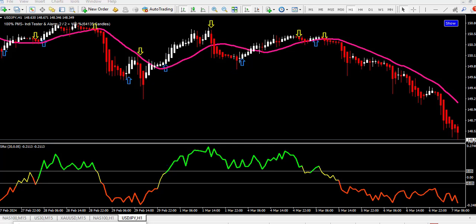Now let us combine all these indicators together. At this particular point I have this yellow arrow here, and when you check, this did close below the moving average, but when you check the indicator window, the indicator here turned to yellow, meaning there's no clear signal, so you are not going to take any trade at this particular point.